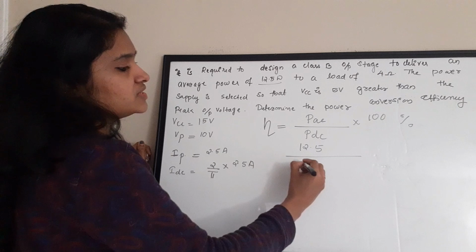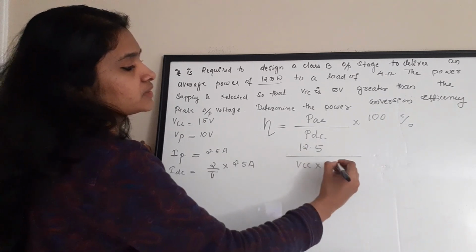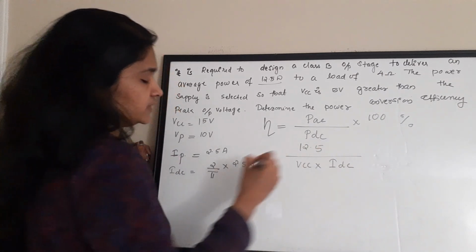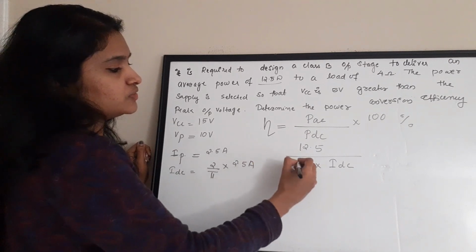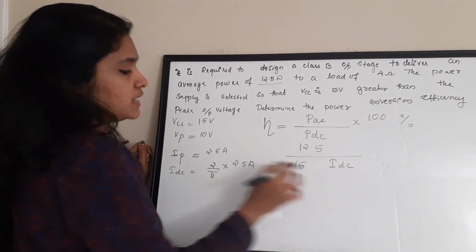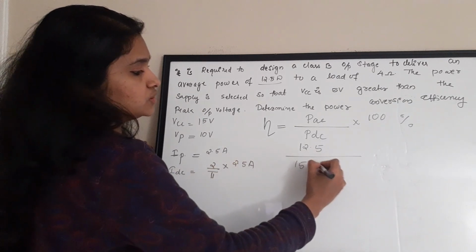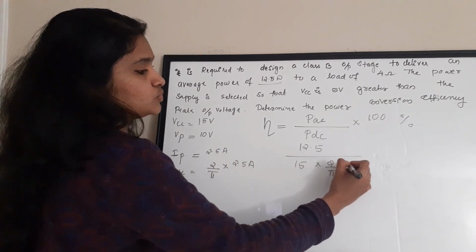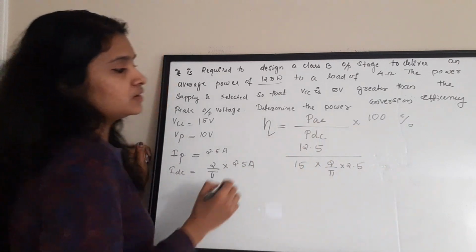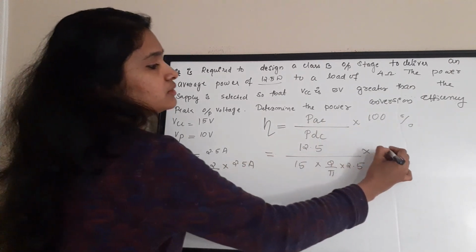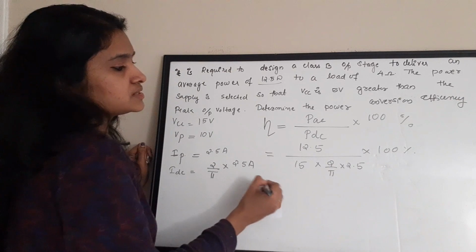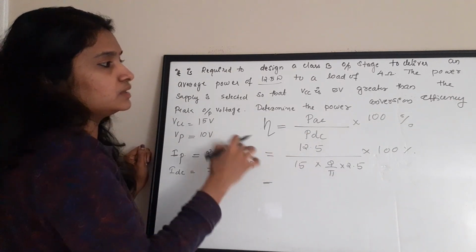It is VCC into IDC. What is VCC? It is 15 volt into IDC is written here into 2 by pi into 2.5 ampere. Okay, into 100%. This is the sum you need to solve to find the efficiency.